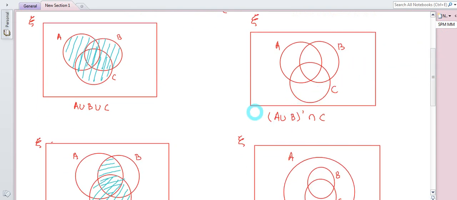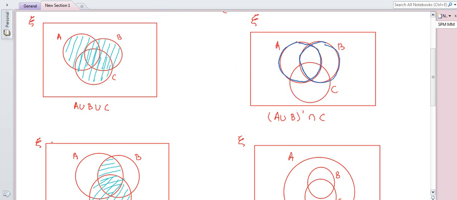Okay, this one, same thing. I start from bracket. A union B, A plus B. So this is A. If I want A union B, it will be like this. A union B, right? I need to shade these two circles. But the problem now is A union B complement, outside of this.